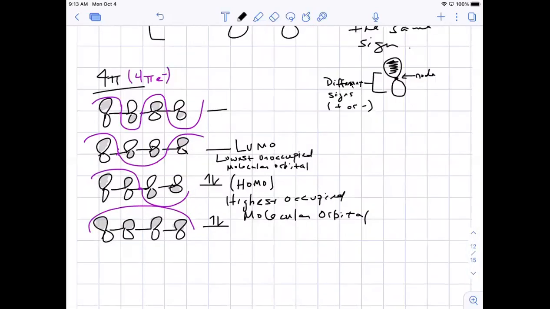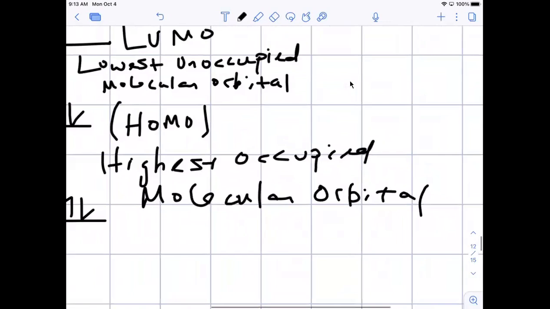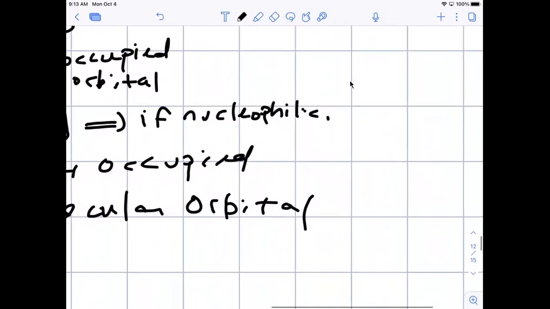The HOMO is, if the diene is acting as a nucleophile, it's going to react through its HOMO. Right? And what that means is that that's the molecular orbital responsible for its reactivity.